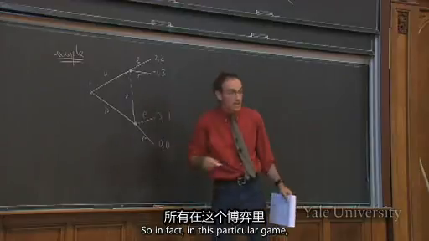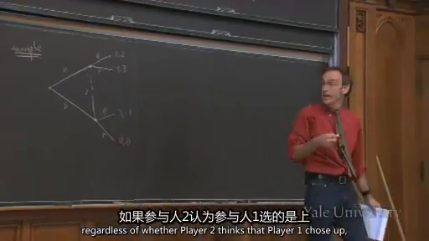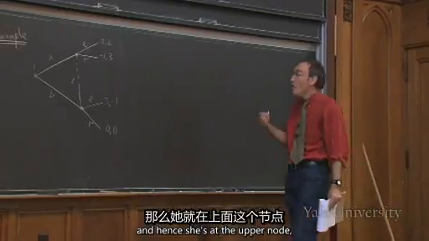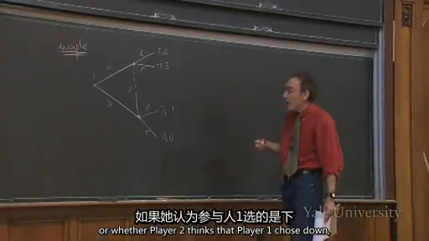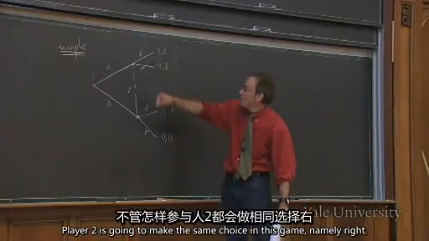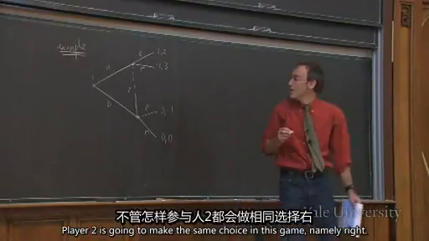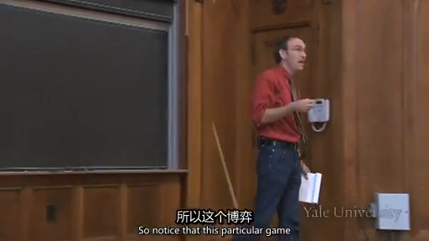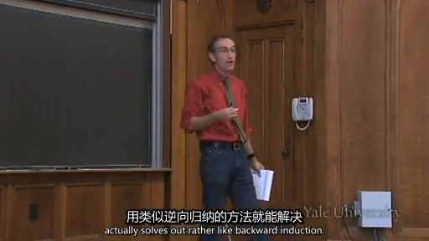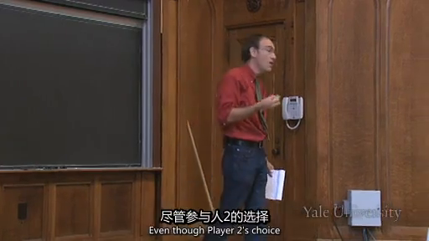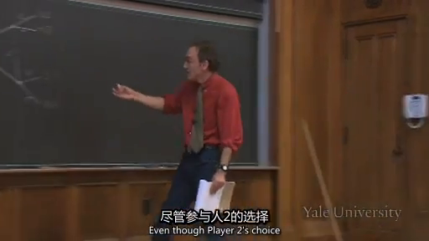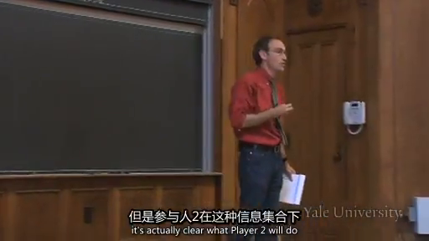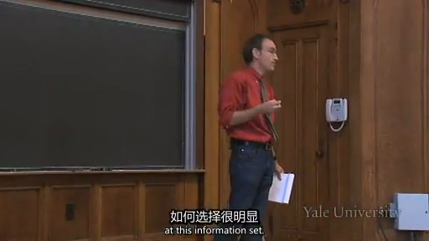So in fact in this particular game, regardless of whether player 2 thinks that player 1 chose up, and hence she's at the upper node, or whether player 2 thinks that player 1 chose down, and hence she's at the lower node, player 2 is going to make the same choice, namely right. So notice that this particular game actually solves out rather like backward induction. We actually know, even though player 2's choice is a little bit more complicated if she doesn't know where she is, it's actually clear what player 2 will do at this information set.